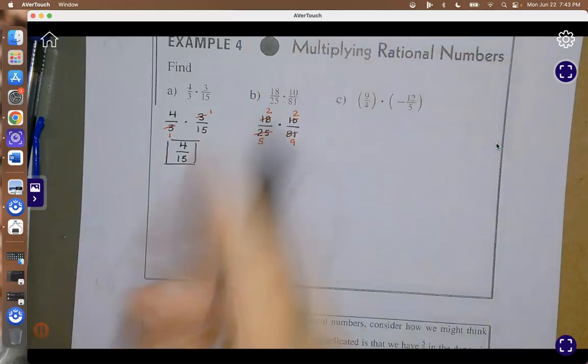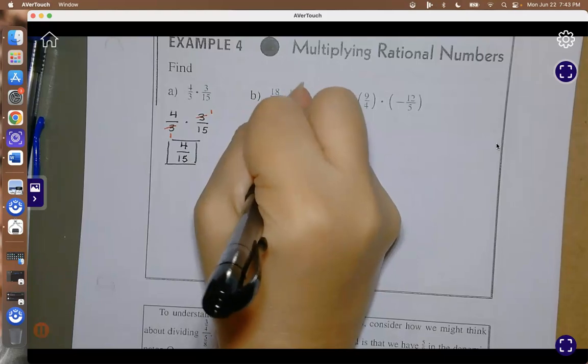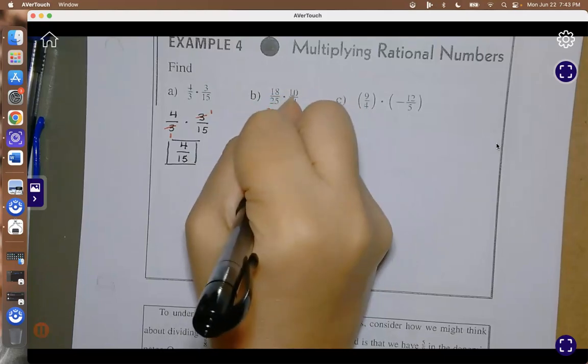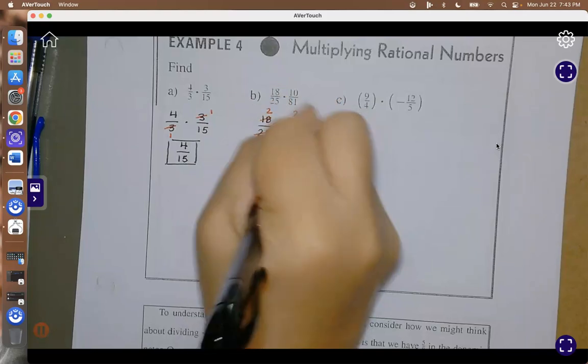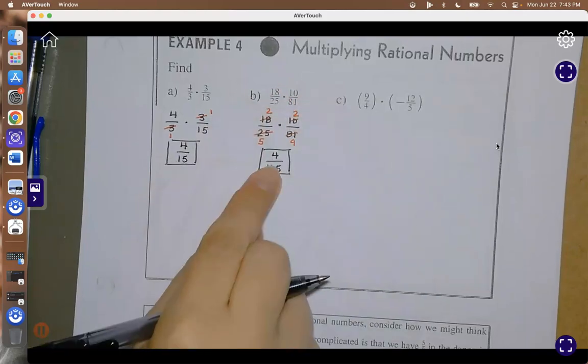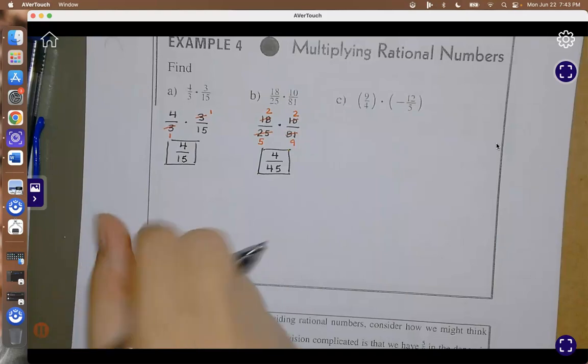So that leaves me with 2 times 2 is 4, and 5 times 9 is 45. And if you reduce it correctly, you won't have to reduce these fractions.